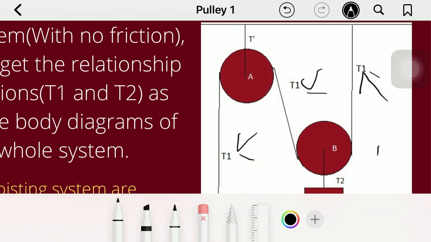Okay, so the tension here is T1, while the tension here is T2 and the tension here is T dash. The only thing known is mg, and we have to calculate T1, T2 and T dash.